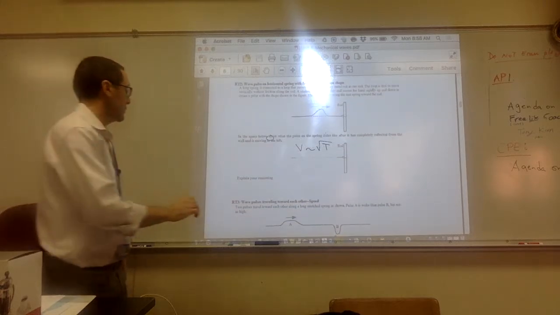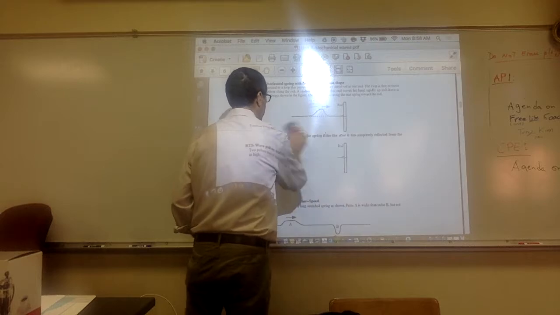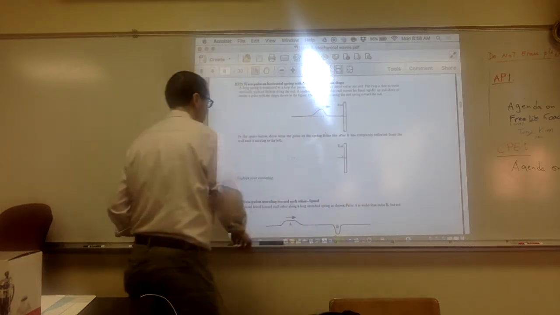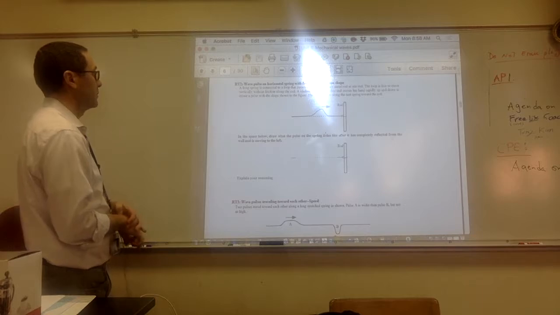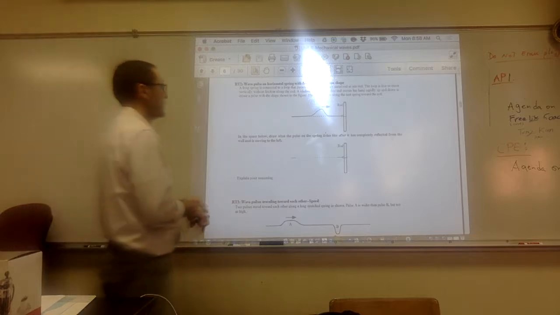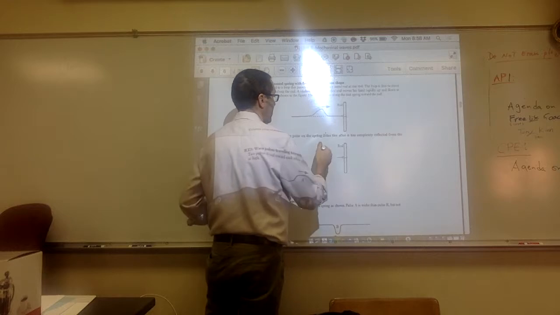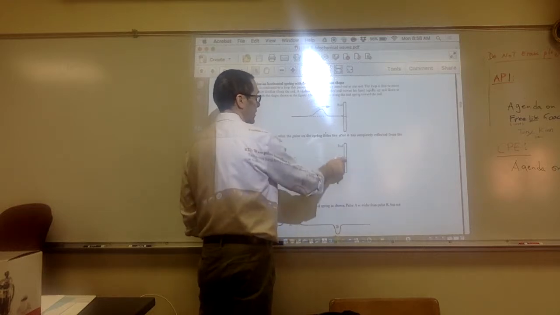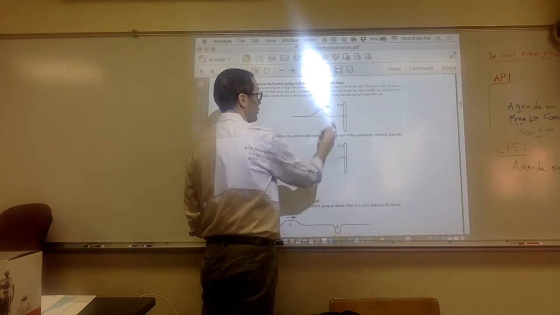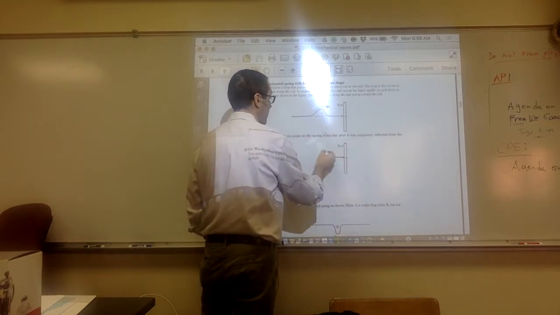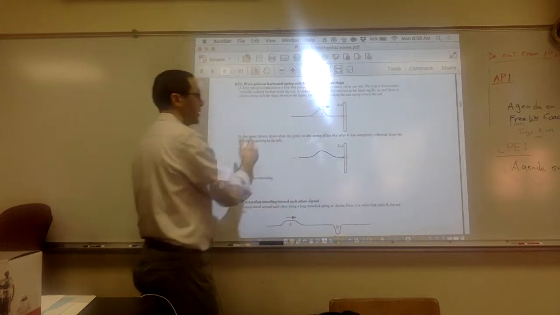Okay, let's look at RT2. Okay, so we said in the previous video that if the end is loose, meaning this ring can go up and down freely, this pulse will come back the same way, in the same direction it was sent.